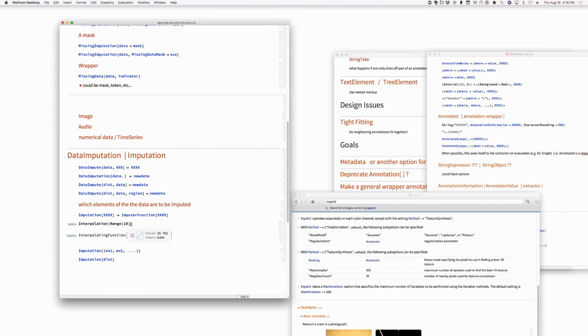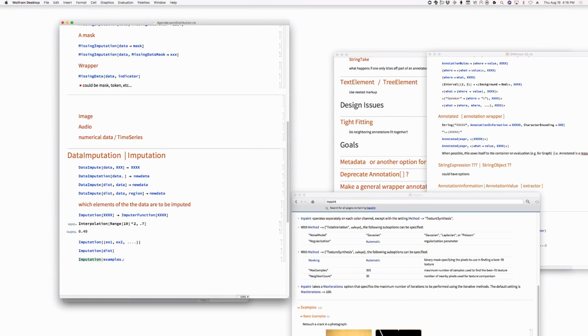Then imputation by analogy would be imputation of the examples, comma, specific data.